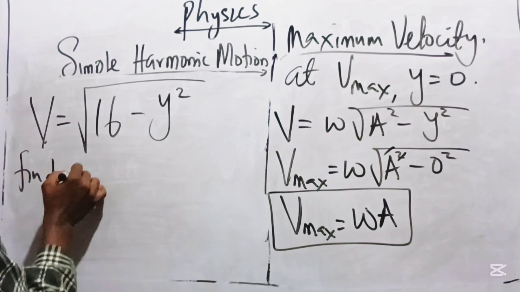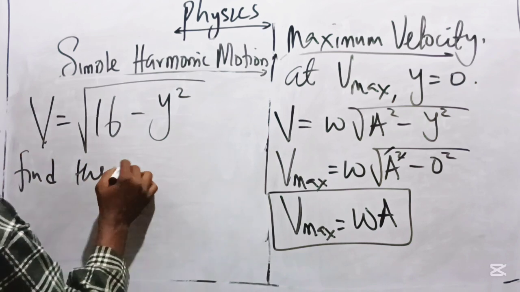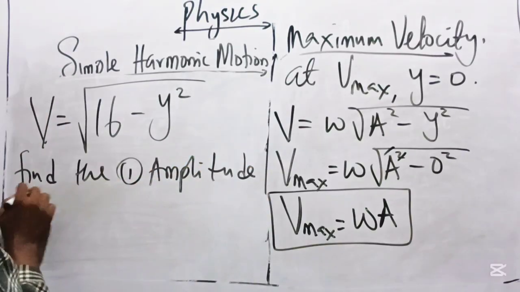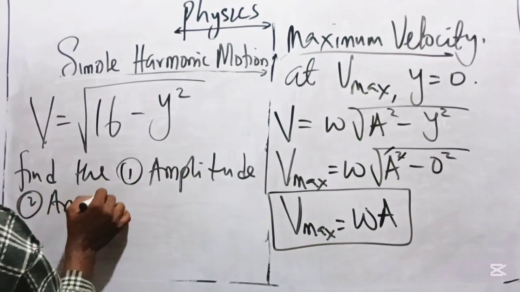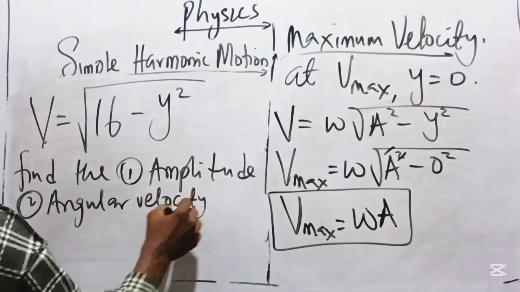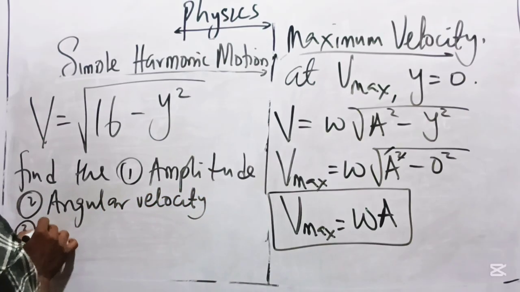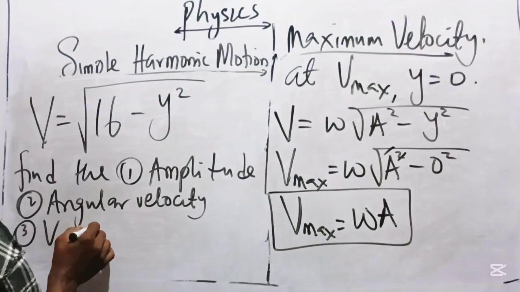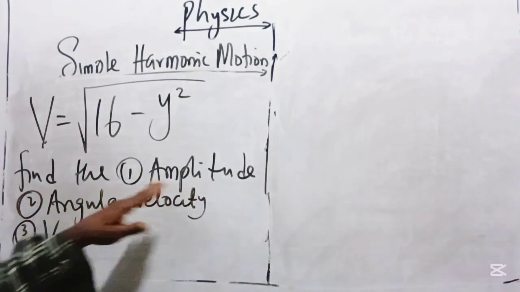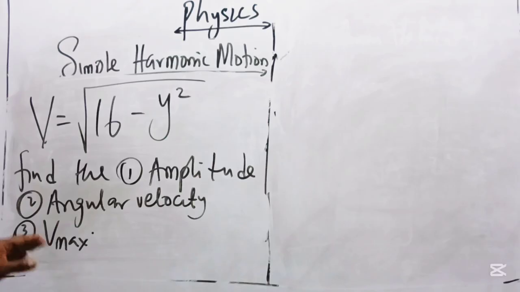Find the amplitude, the angular velocity, and v max. So to solve this question, we find the amplitude, angular velocity, and maximum velocity.